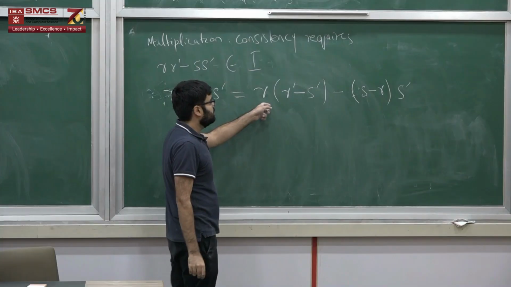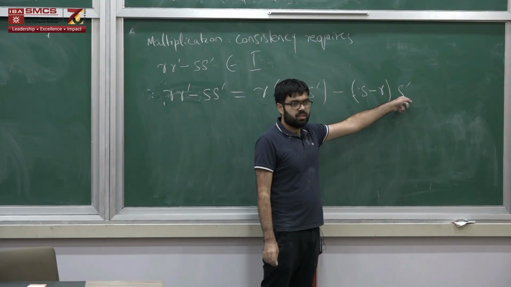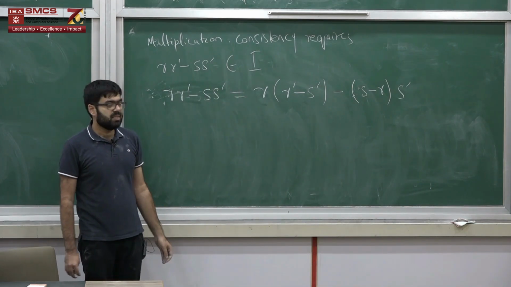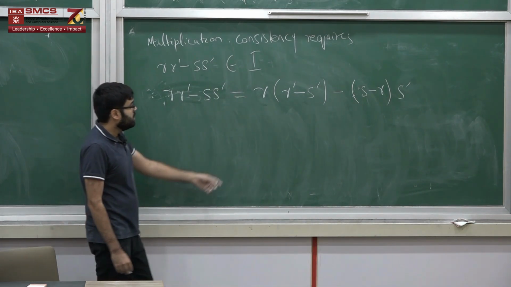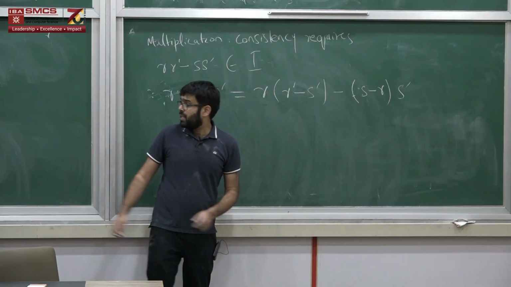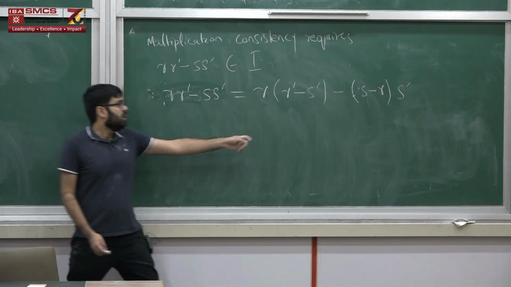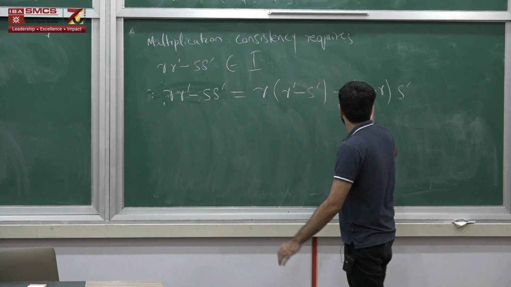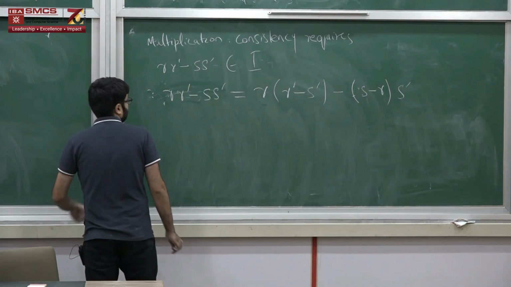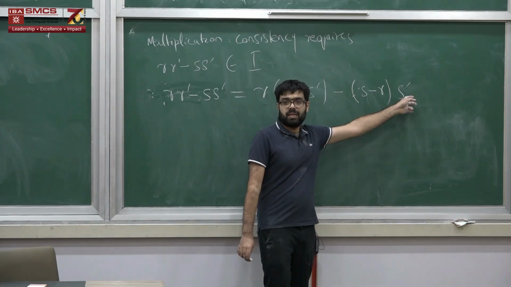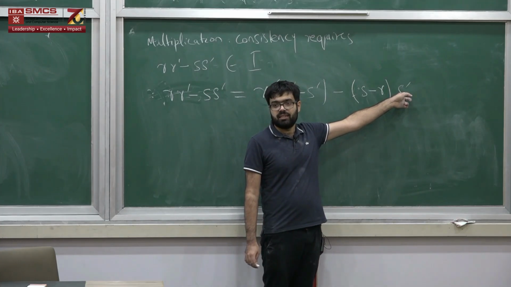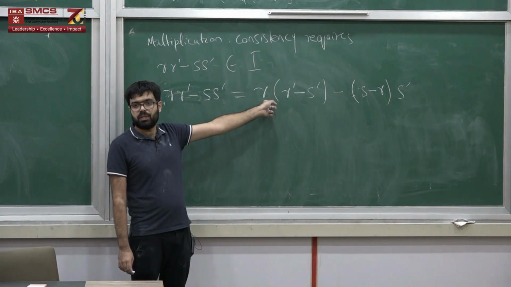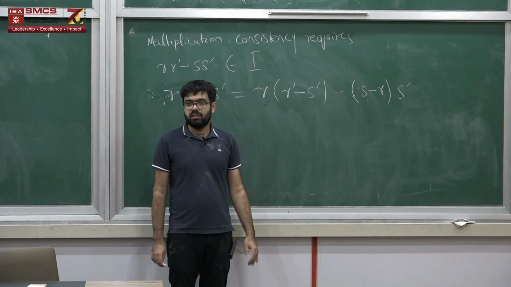Here there is a cross term R S prime, and here there is a cross term R S prime. So I have written the same thing, but I know that R prime minus S prime is in my ideal and S minus R is in my ideal, though R and S prime themselves are not necessarily in the ideal. But what I do know is that if I have an element of the ideal and any element of the ring, I get something in the ideal.